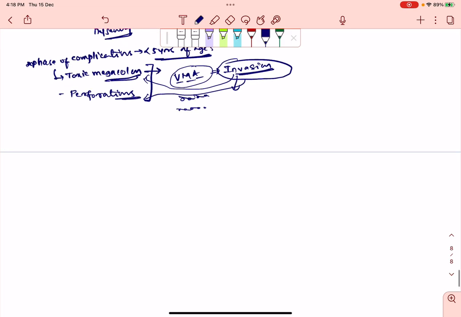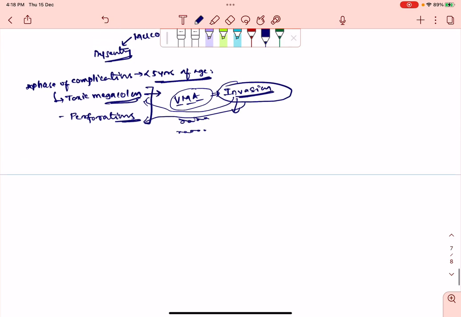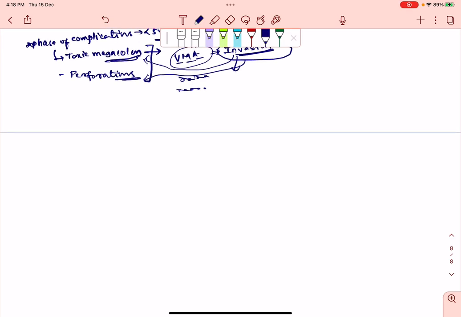Then comes metabolic complications. What can be metabolic complications? First, hyponatremia.